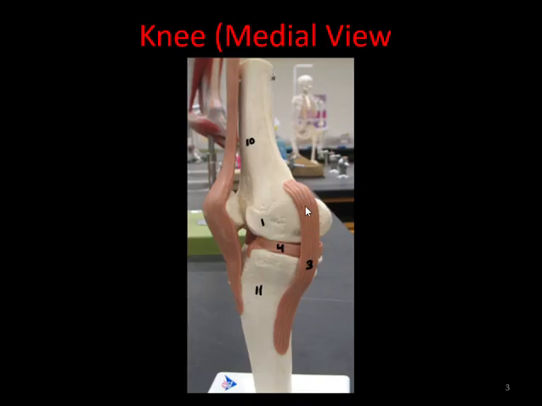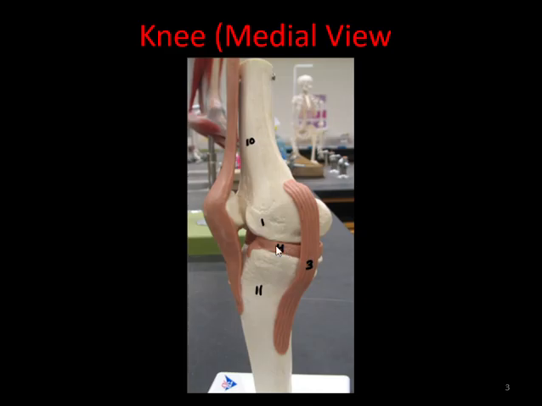So structure number 3 here, we are talking about the medial collateral ligament, also known as the tibial collateral ligament. Number 4 here is very similar to what we talked about earlier.